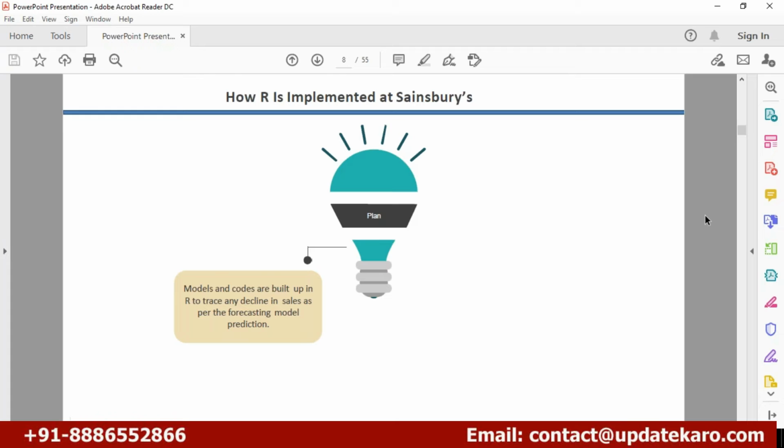So models and code are built in R to trace any decline in sales as per the forecasting model predictions. You understood now? They built some models which predict the sales. When the sales were going down, they were taking instant decisions on how to improve the sales. Where was the problem?